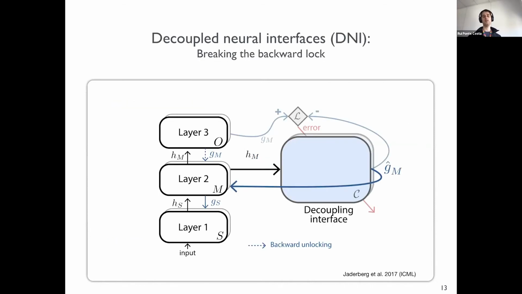And that was exactly the inspiration for a recent algorithm proposed by Jaderberg et al., where their idea was to introduce a separate, simpler network that is trained to break these locks. In this case, it's being trained to break this backward lock.